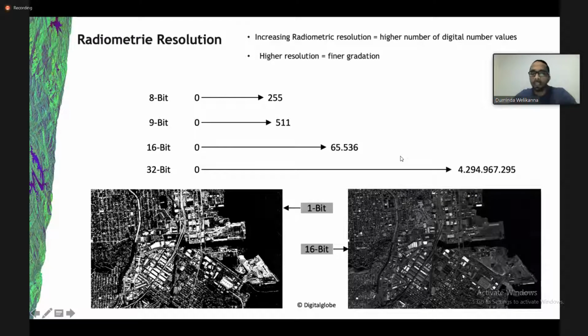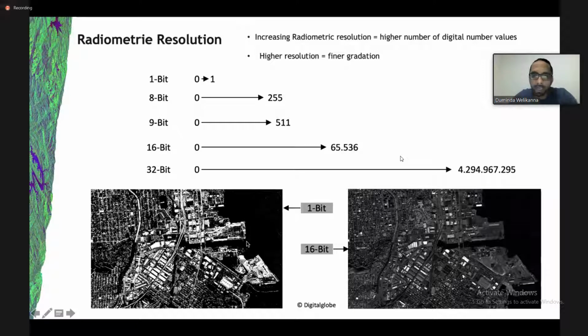As you can see on the left side, it's just this 1 bit. That means only black and white. But on the other side, it is 16-bit. You can see buildings with different colors even. But in the left image, you can see all the buildings are white and the rest are black.